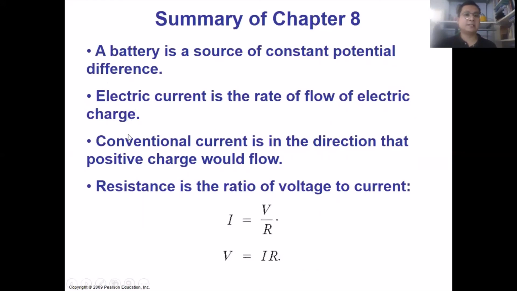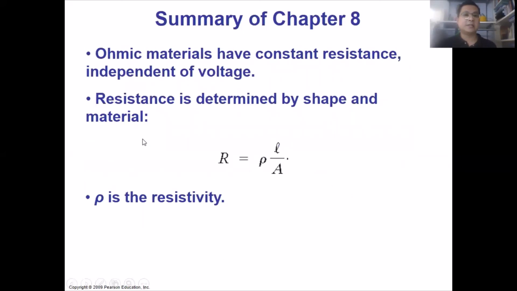Electric current is the rate of flow of electric charge, conventional current, and so on. Resistance. Okay, you can see by yourself and make a summary based on your creativity and submit it in the chapter week 10, and we will consider it as your attendance.